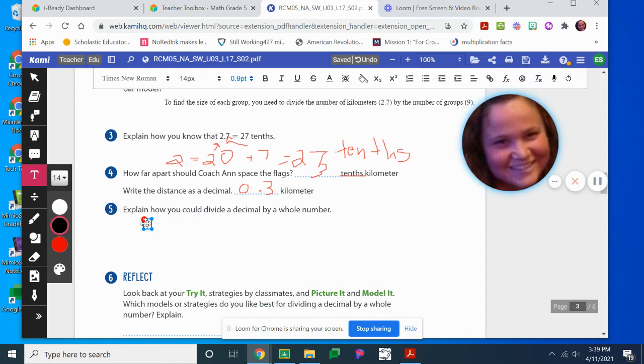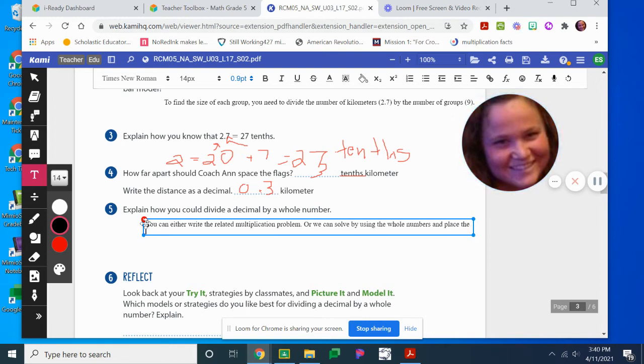If we're going to do that, you can either write the related multiplication problem and figure it out that way, or we solve by using the whole number and place the decimal point to show what place value we are working in. So tenths or hundredths.